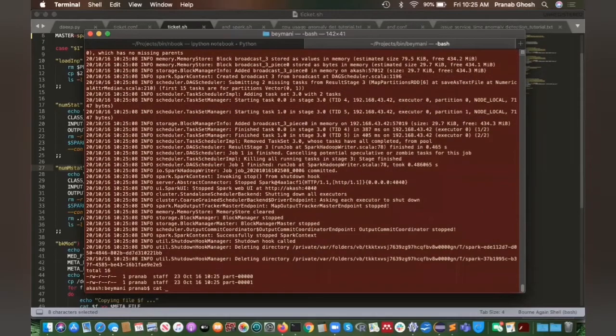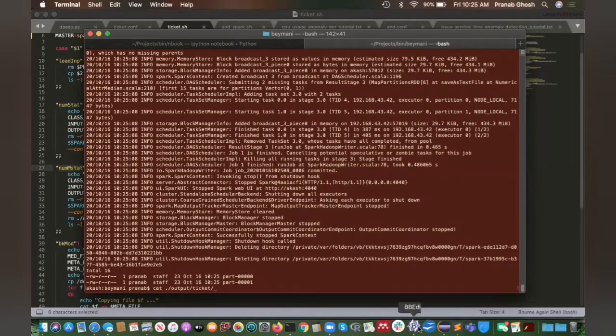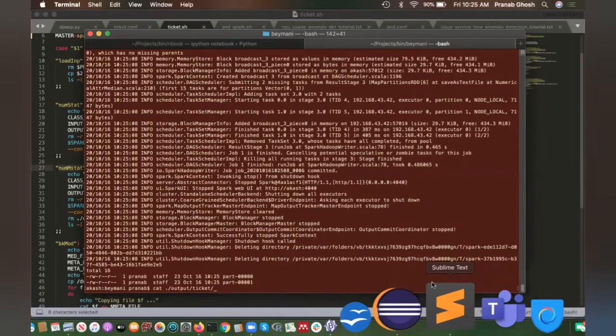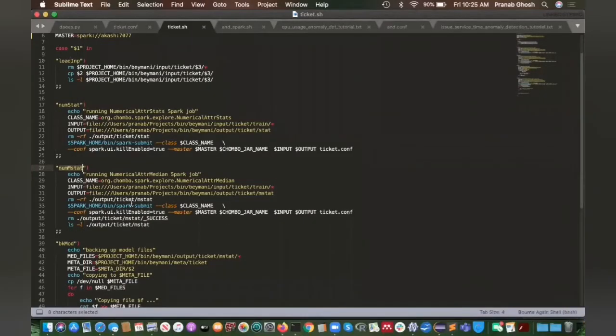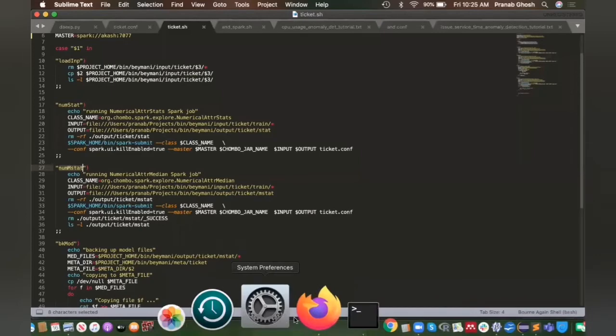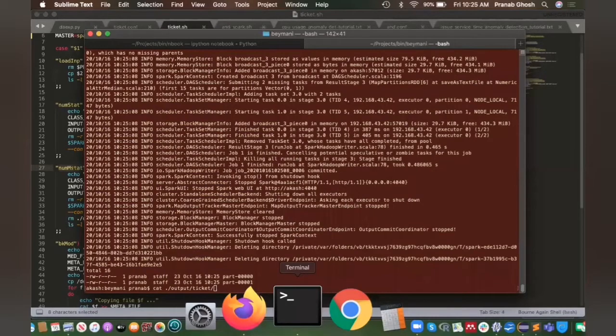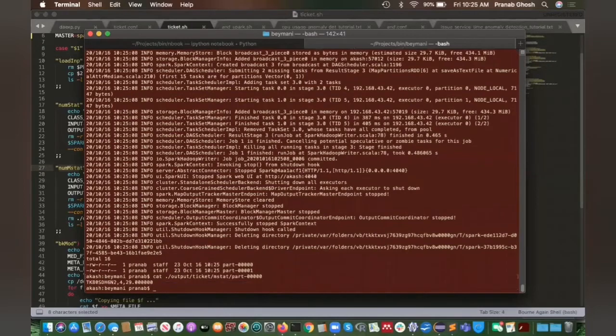So we can take a quick look. We are running this output to get mstat. This is just the median value for one of the service centers, and the other file has the other one.